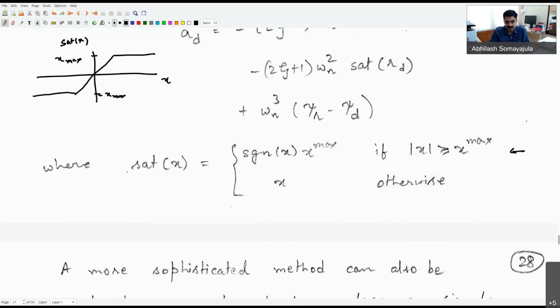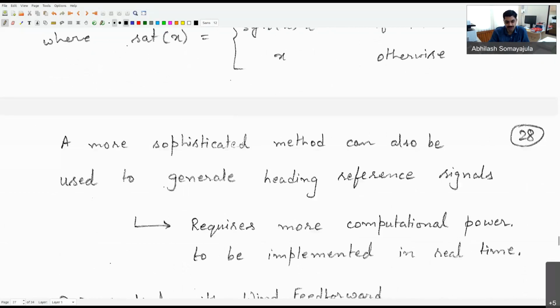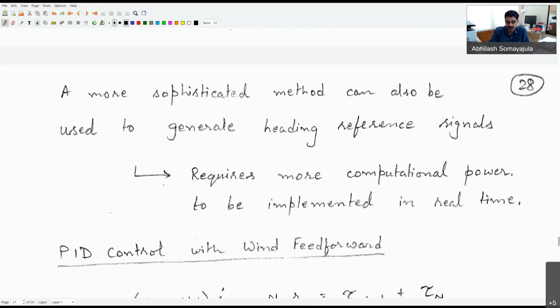Now, this simple third order filter system is a good method, but sometimes we may be interested in more sophisticated methods to generate the heading reference angles. We have seen some of these examples in terms of line of sight based algorithms. We'll come back to that idea as to why that is important, especially if we want to do position tracking as well.